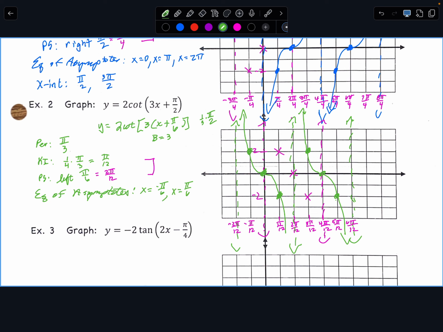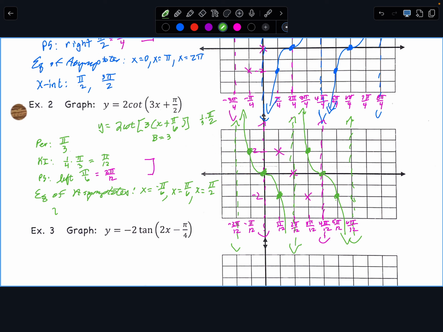The distance between those needs to be the length of the period, and the distance between those is pi thirds. It's 2 pi 6. And then the last one is pi halves. Silly me. You're at 6 pi 12, so it's at pi halves.